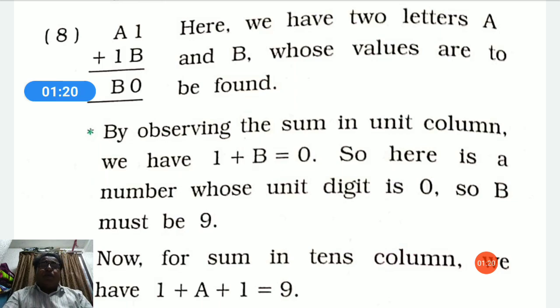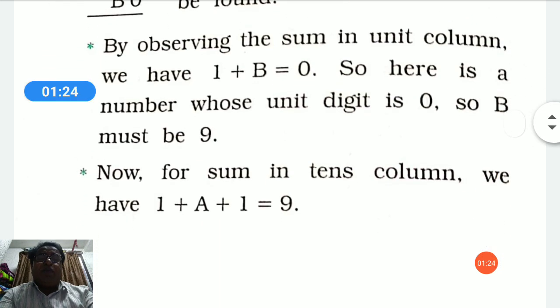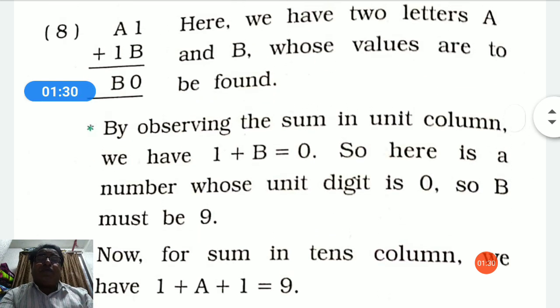So now for sum in tens column, we have 1 plus A plus 1, and 1 is the carry on. So 1 plus A plus 1 is equal to 9. B is 9.